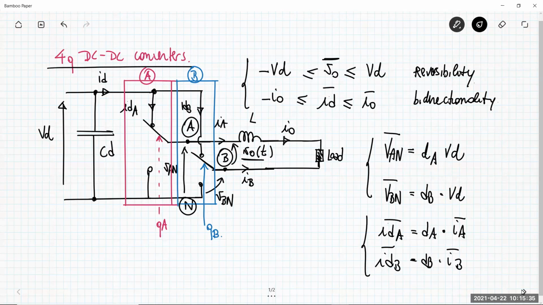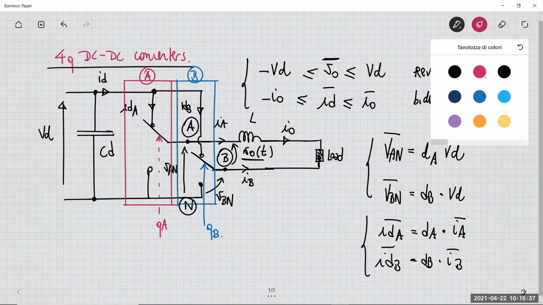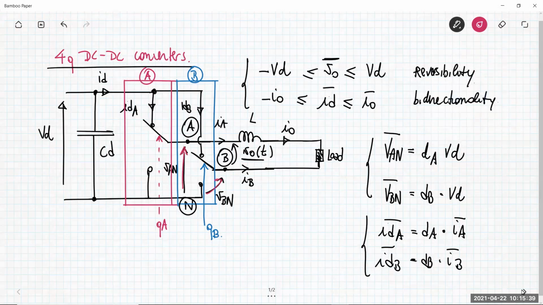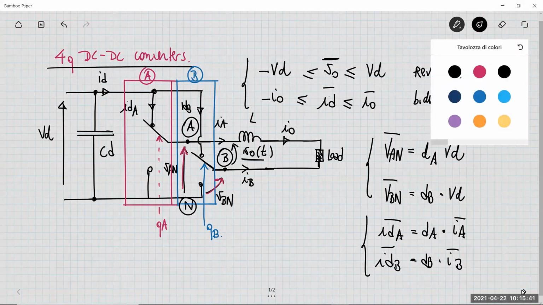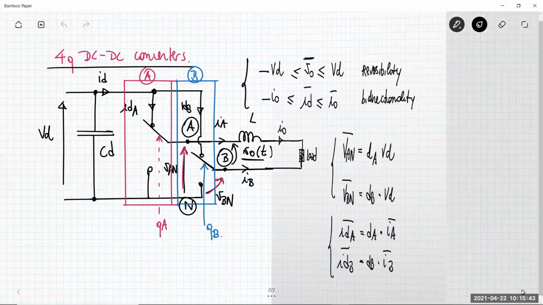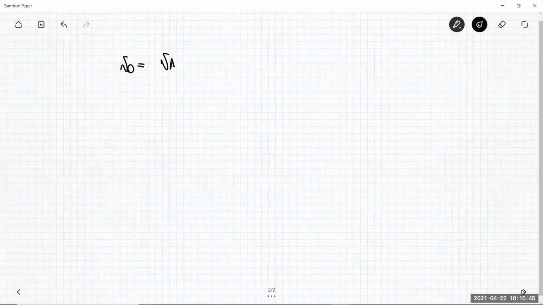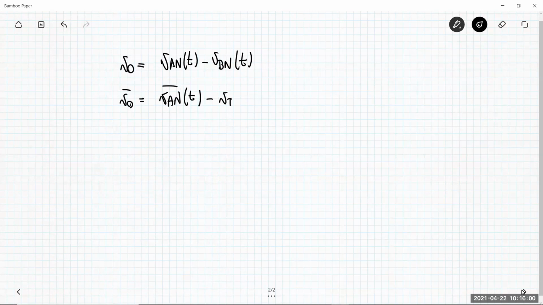If you consider these two voltages here, V0 is derived as VAN minus VBN. And if you look at the average quantities over a period, then you can get the same expression.